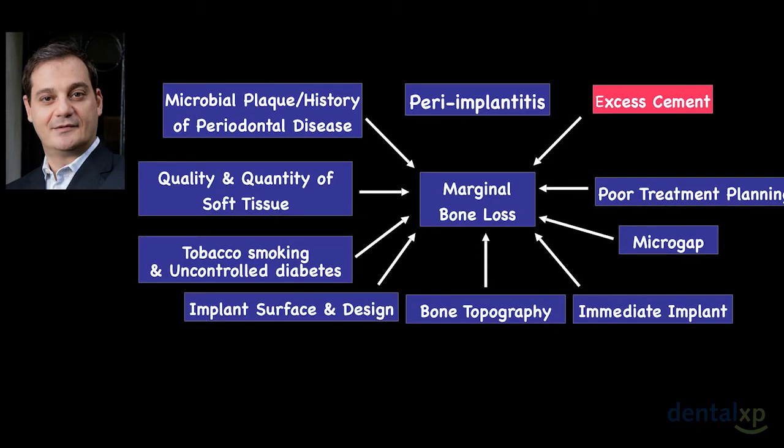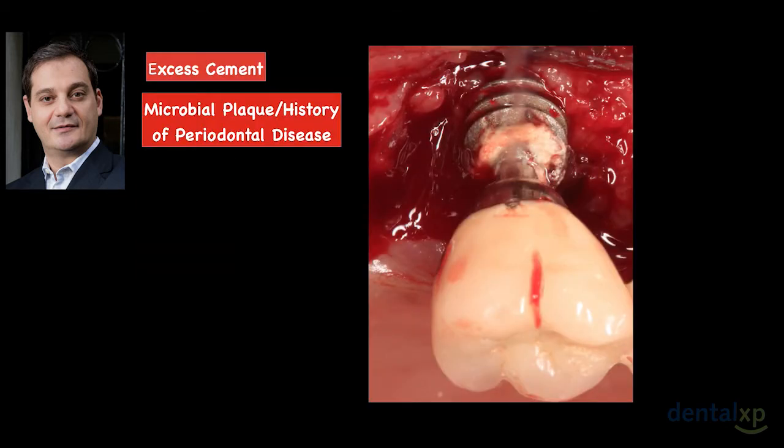What about the excess cement? Well, if we look at clinical cases, we can see that it becomes a foreign body that will harbor bacteria, and that will lead to inflammation and resorption of the bone.